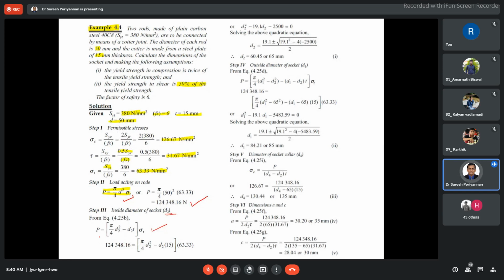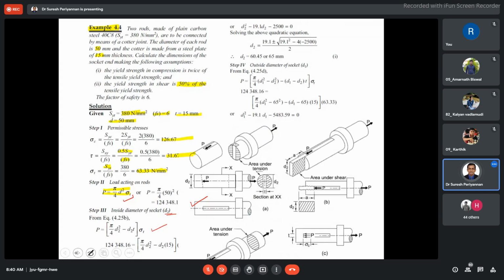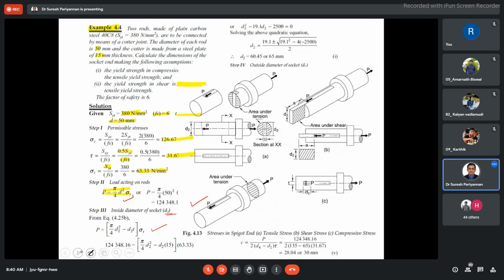This is the formula for tensile load acting in the socket. I think you might have gone through the table I have clearly given. This is the tensile load acting on the socket. I put a figure here.